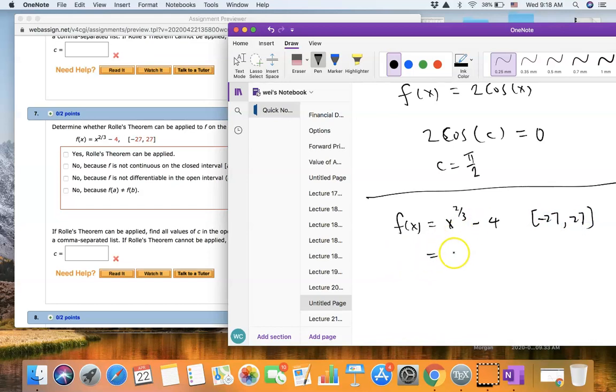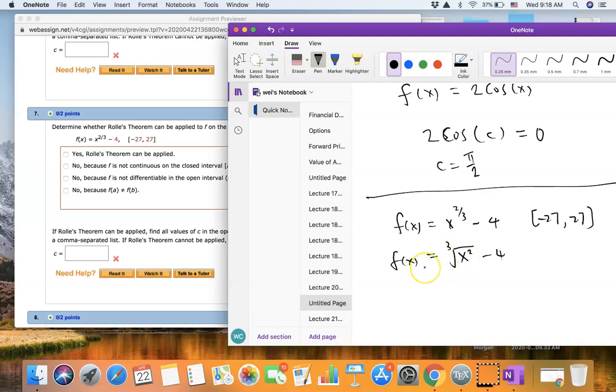So this function I can write as x squared, okay, I can write it as the cube root of x squared. Now, since this is a cube root, x can be any number, positive or negative or 0.